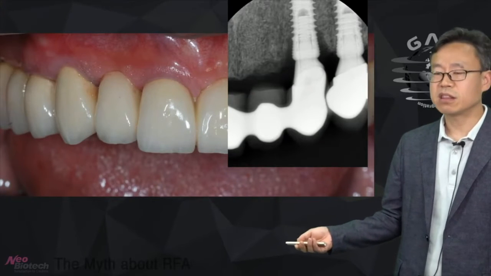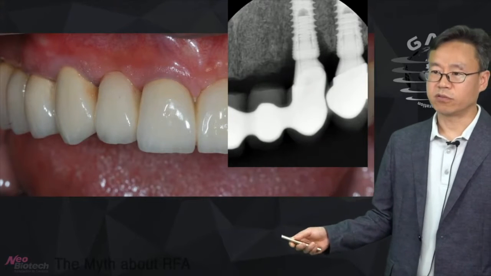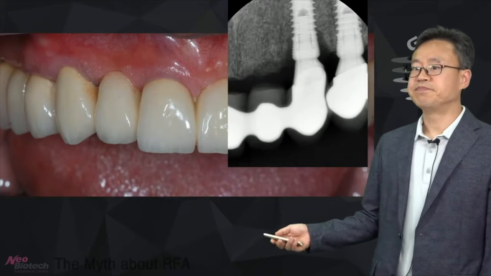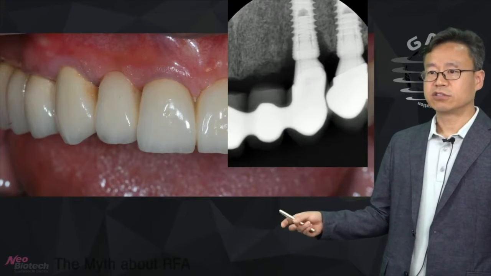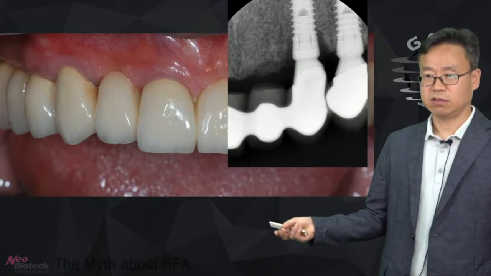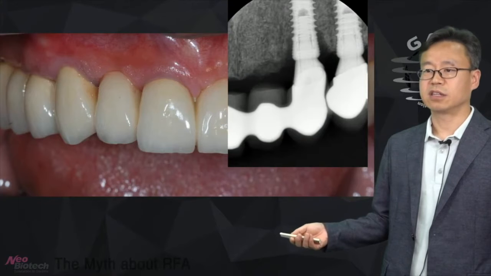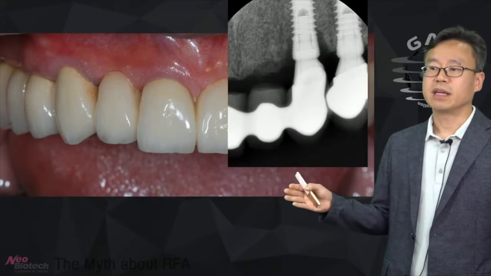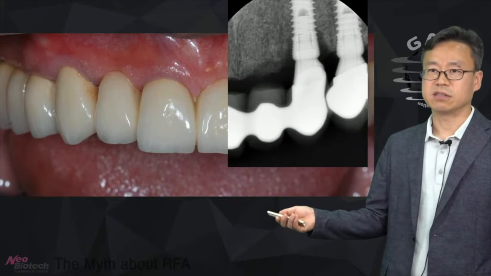So some of you might think, we might have to do some treatments for this implantitis and try to save the fixture. So someone might do some bone graft and try to preserve the implant as it is.